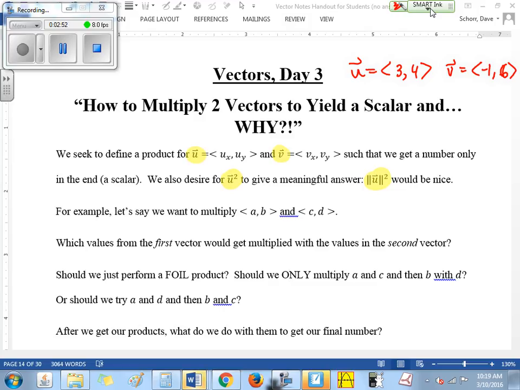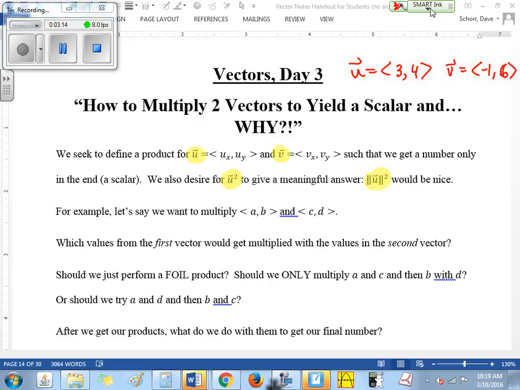You could do both and then add them. You could do -1 times 4. You could do a FOIL, 3 times -1, 3 times 6, 4 times -1, 4 times 6. And in the end, you're going to get a bunch of numbers, right? And then you kind of crush them all together into one number. Maybe you're supposed to add them or subtract them or multiply them or divide them. What are we supposed to do to get a number in the end?